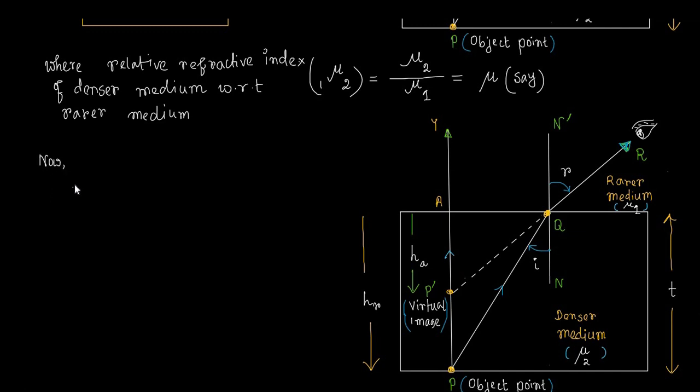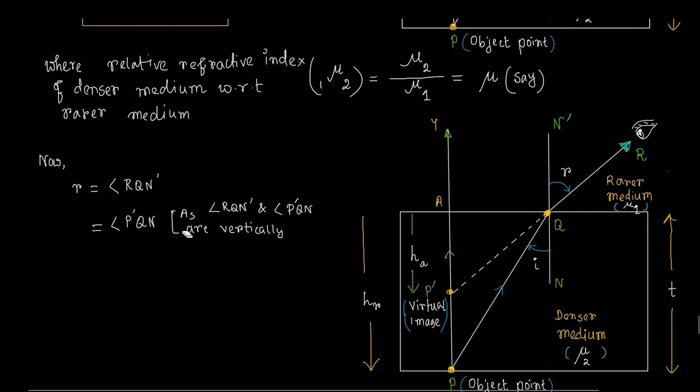Now, angle of refraction r is equal to angle RQN prime, which is equal to angle P prime QN, as angle RQN prime and angle P prime QN are vertically opposite angles.